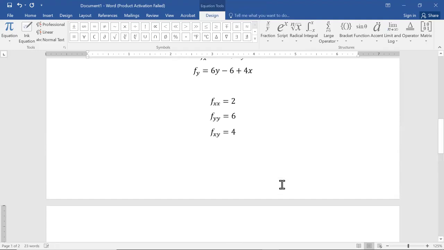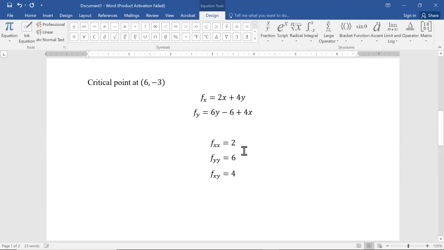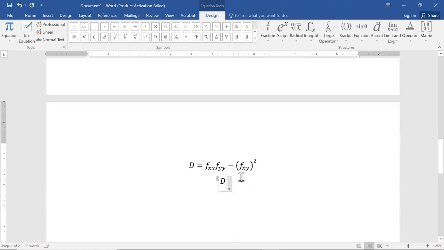So for this D, we end up with 2 times 6 minus 4 squared, which is 12 minus 16, which is a negative 4.